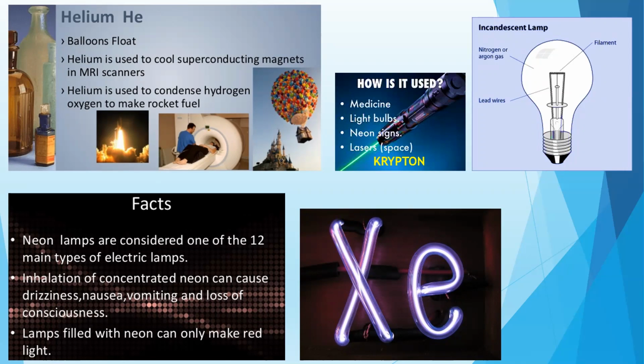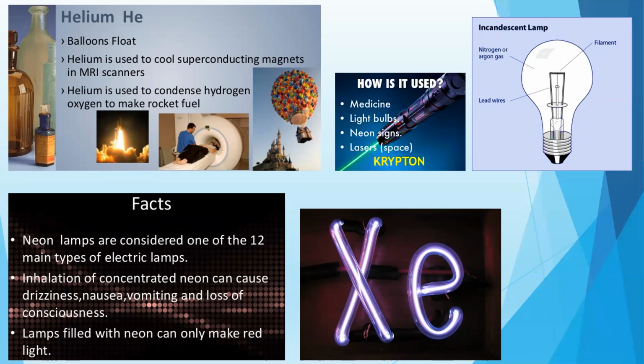Krypton is used in medicines, light bulbs, neon sign bulbs, and also in lasers that are used in space. Argon is used in incandescent bulbs or lamps. Neon lamps are considered one of the 12 main types of electric lamp.